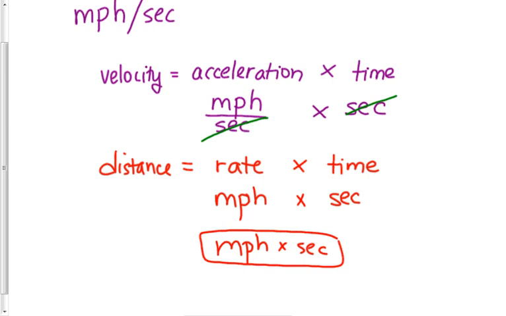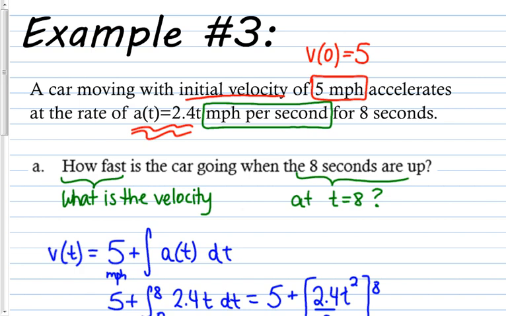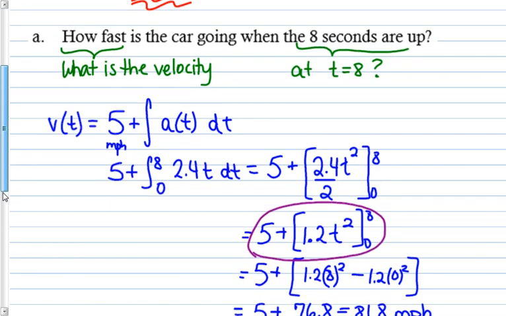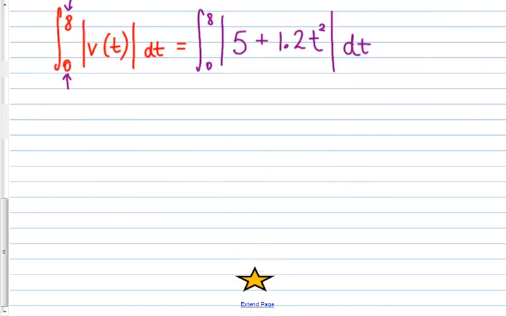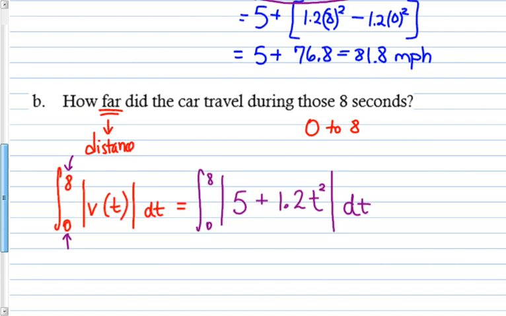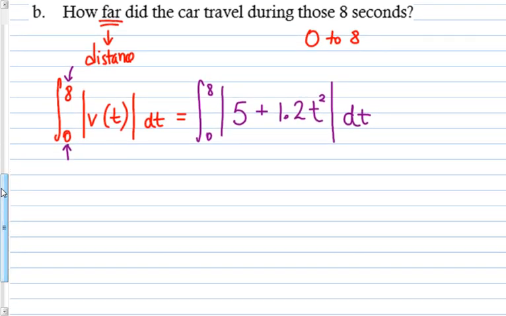So when we are done finding the total distance, my unit of measure is not just going to be miles per hour, it's going to be miles per hour times second. It just looks really weird, and it's not usually something you hear about. Anyway, okay, so back over here. I just wanted to make sure I cleared that up because I have trouble getting the correct units out when kids do work.